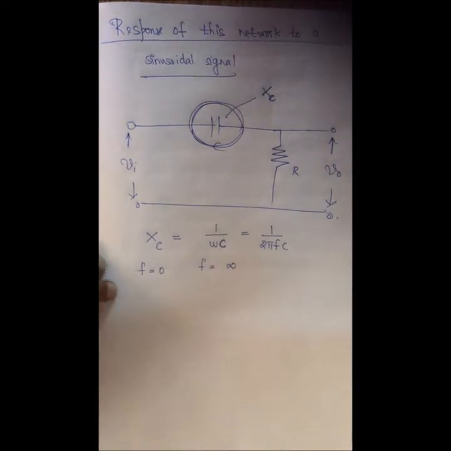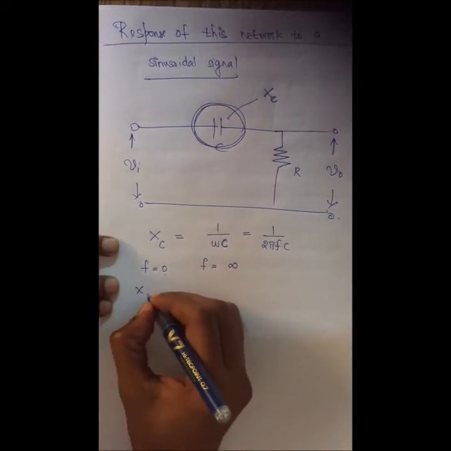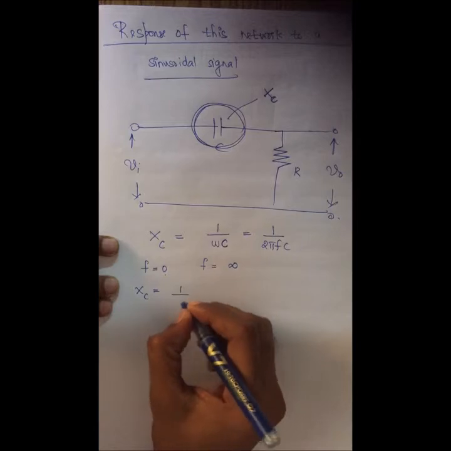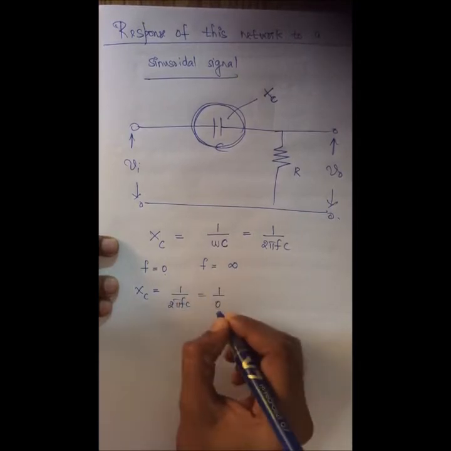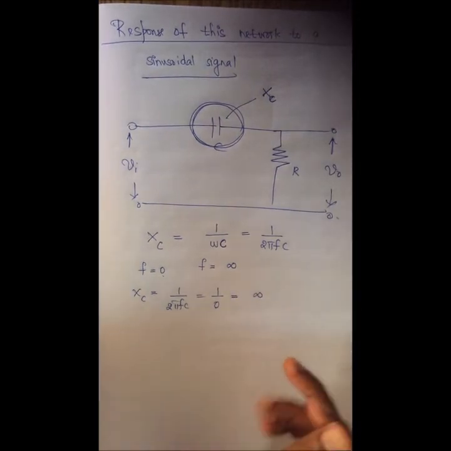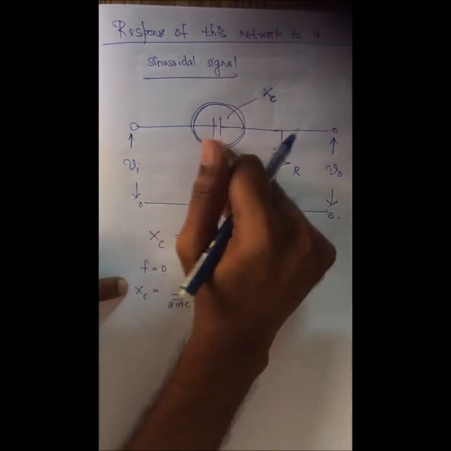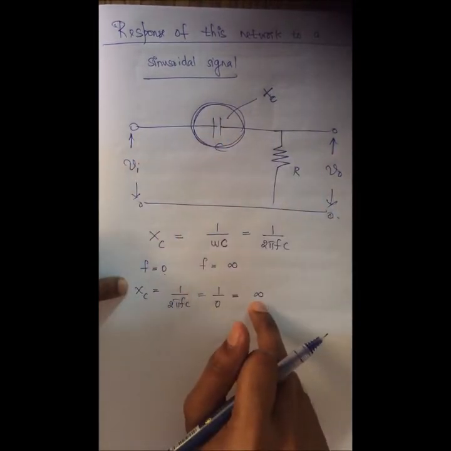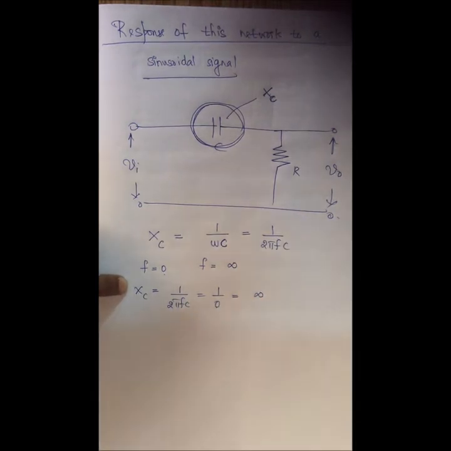Now what happens if frequency is equal to 0? Here Xc will become 1 by 2 pi fc, which is 1 by 0 when frequency becomes 0. So 1 by 0 is infinity. So the reactance offered by the capacitor would become infinity if the frequency is 0.